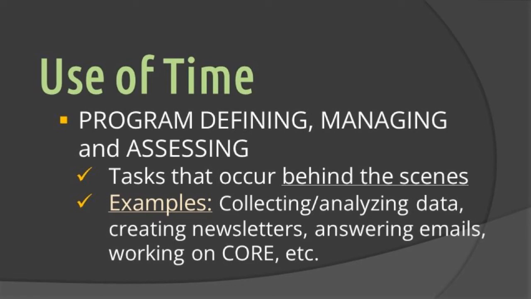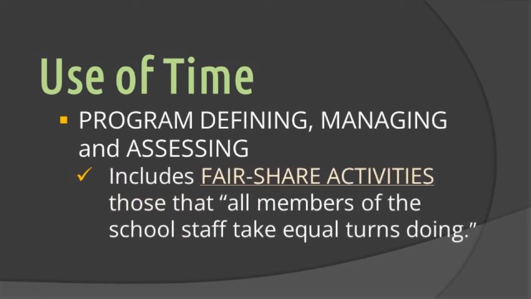Now, ASCA does include here activities called fair share activities that may not be directly correlated to the school counseling program's goals, but are activities that, quote, all members of the school staff take equal turns doing, unquote. Activities such as hall monitoring or bus duty that everyone in the school is expected to do. And doing these tasks is simply fulfilling your quote unquote fair share like everyone else in the school.